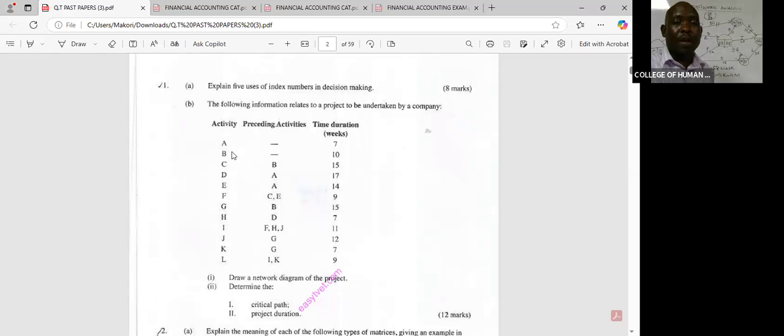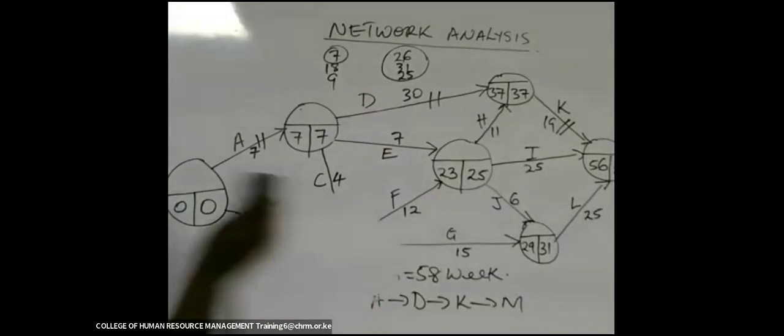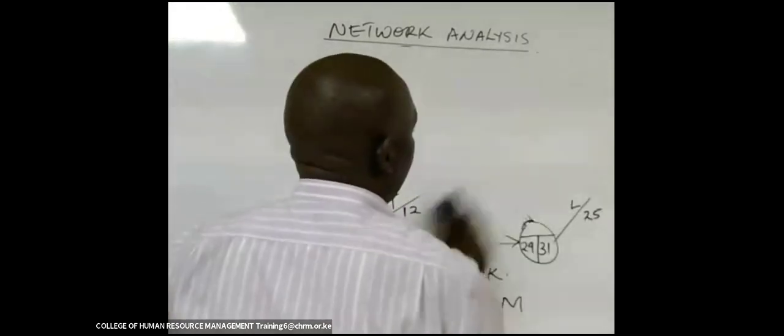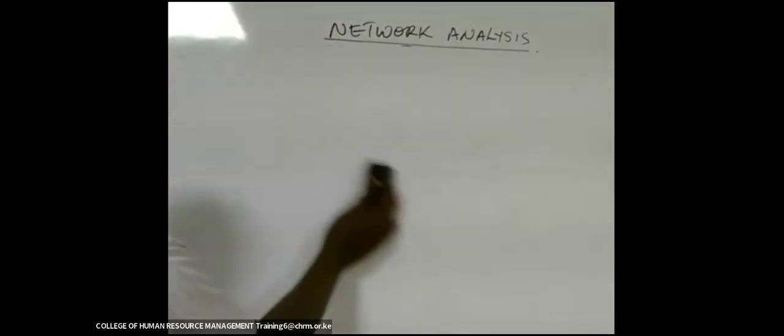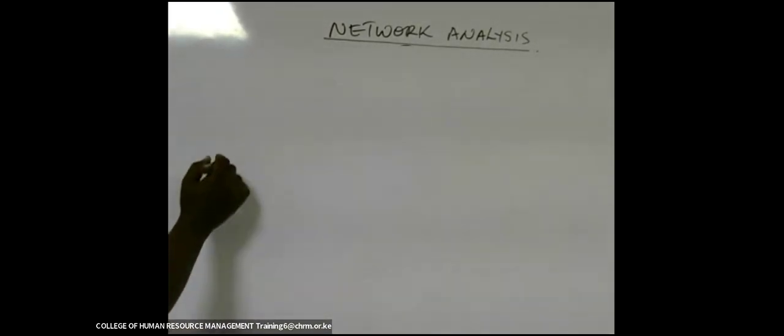Activity A and B don't have a predecessor. So those are the starting activities, and they will start from the same event node and are going to be undertaken simultaneously.